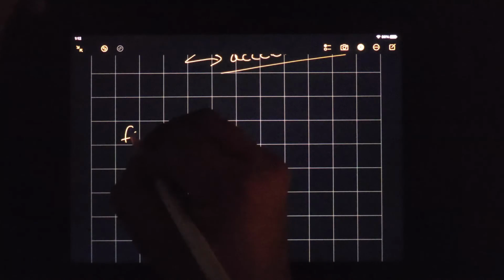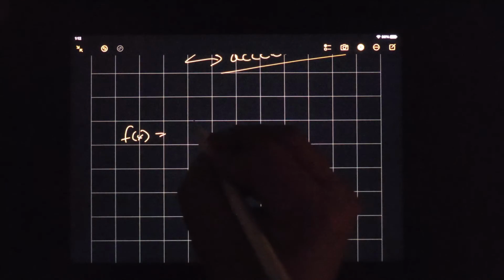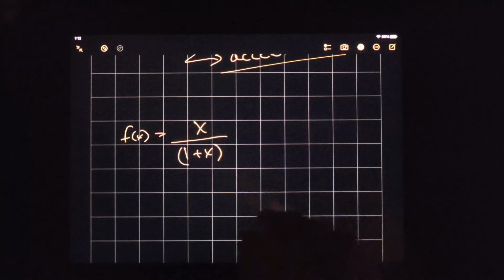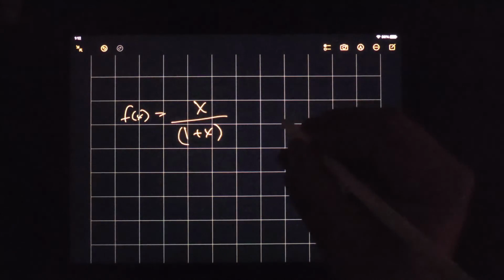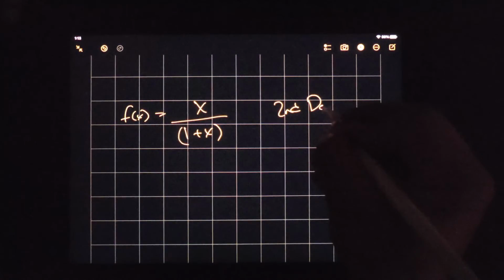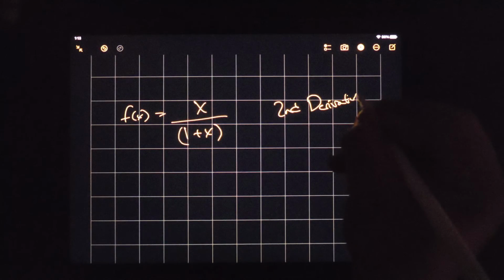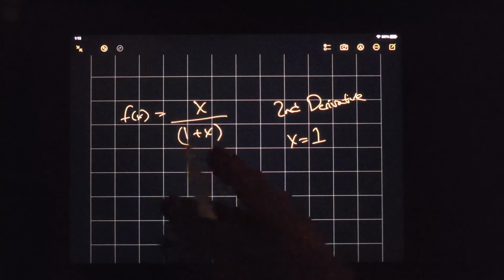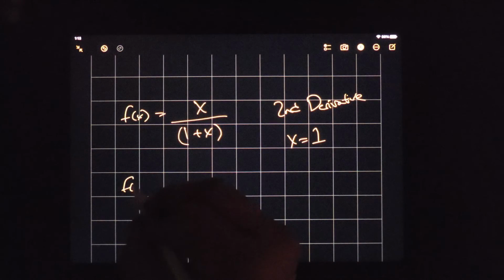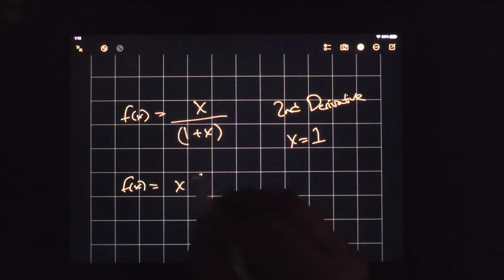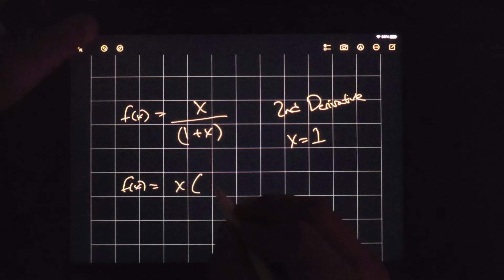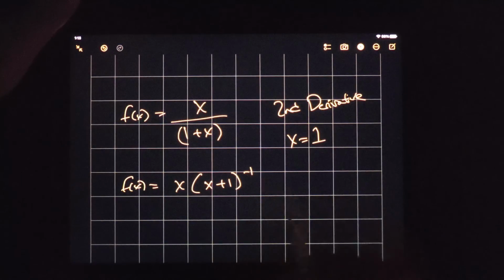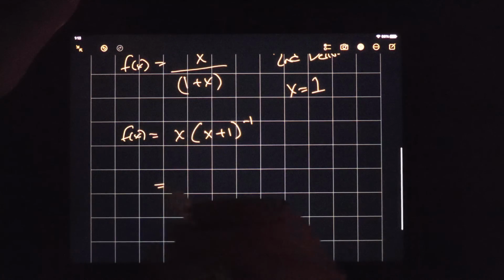Let's say we have f of x equal to x over 1 plus x. I want to take the second derivative and I want to solve for x equals 1. So what I'm going to do, I could use the quotient rule, but I'm going to quickly use the product rule, and it's just quicker for me to do.